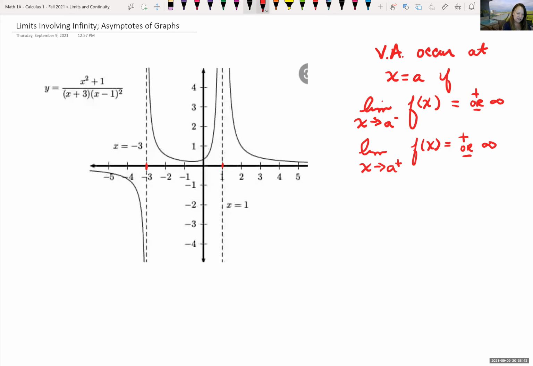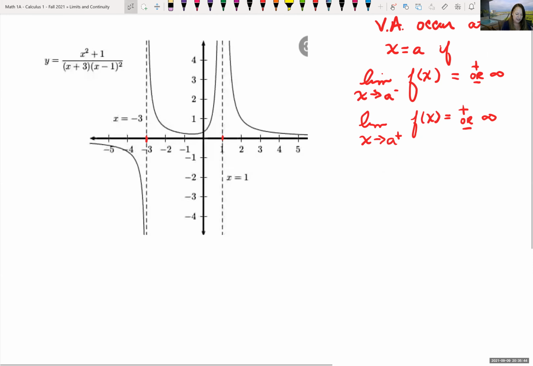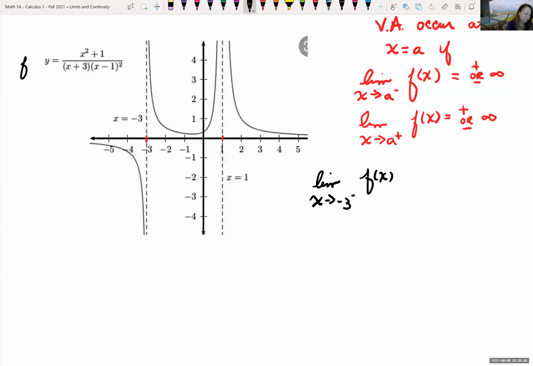Here, if I'm looking at the limit as x is approaching -3 on the left-hand side of this function f of x, notice that as I'm getting closer and closer to -3 on the left, this graph is shooting downwards.